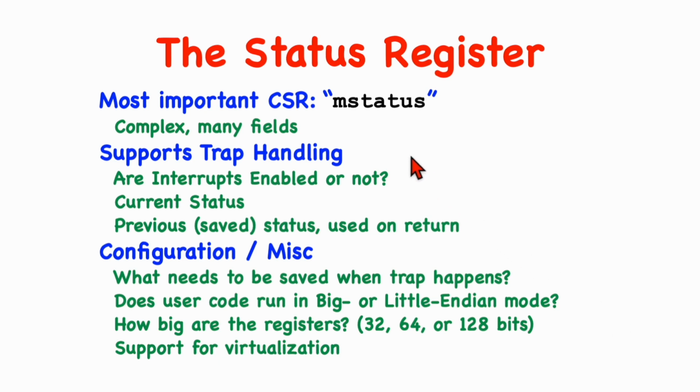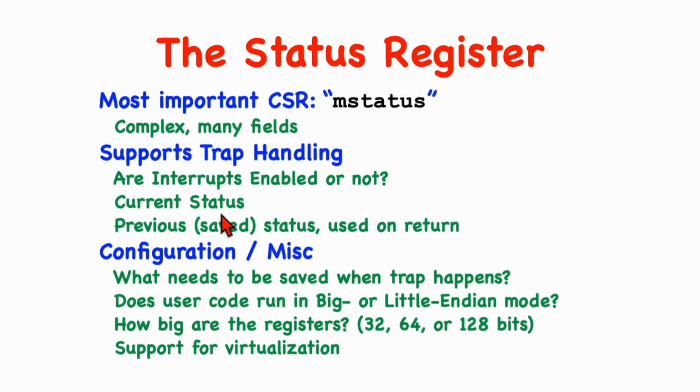Now we're ready to talk about the most important control and status register, which is named mstatus. It's a complex register with many fields. But we can basically say that it supports trap handling and configuration at startup time. As far as trap handling goes, we need to know at any point in time whether interrupts are allowed or whether they have to remain pending, and that's controlled by a bit in the status register.